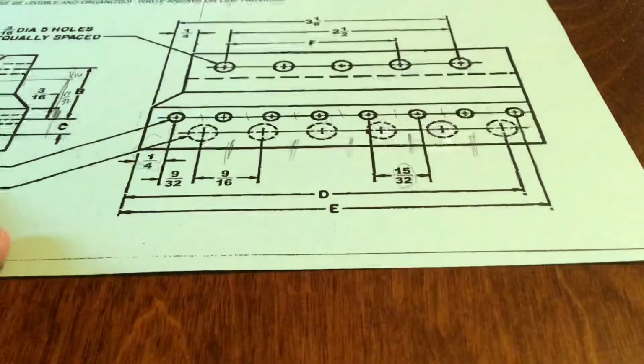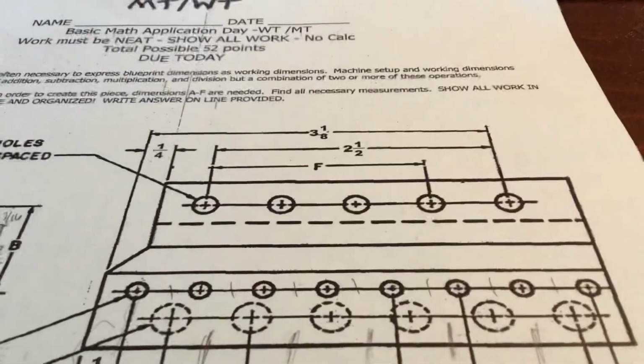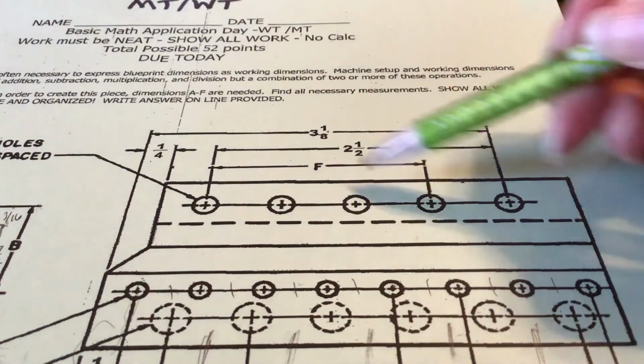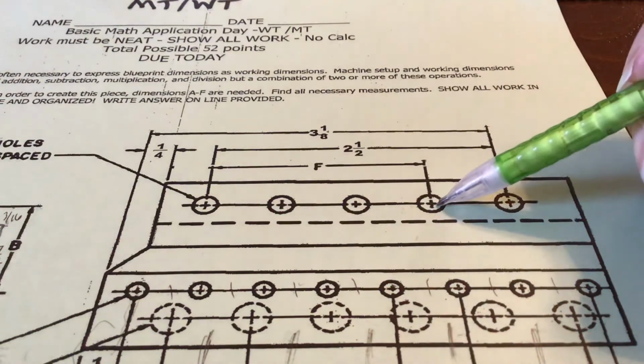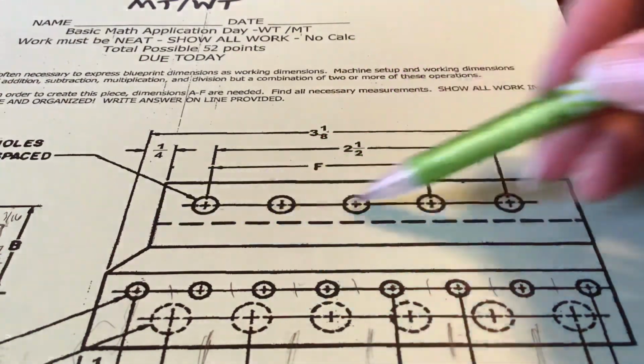F. There's a couple ways you can do F. F is right here, and it's the center to center distance from these first holes here, okay?